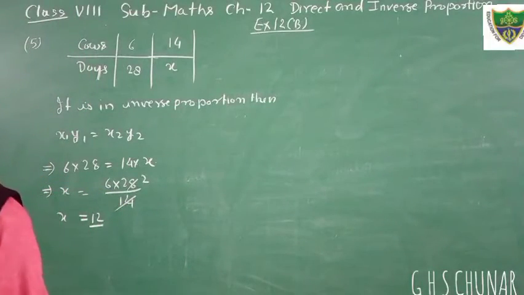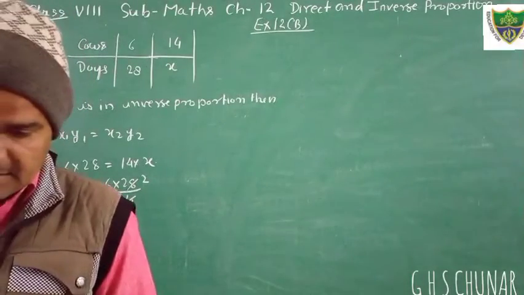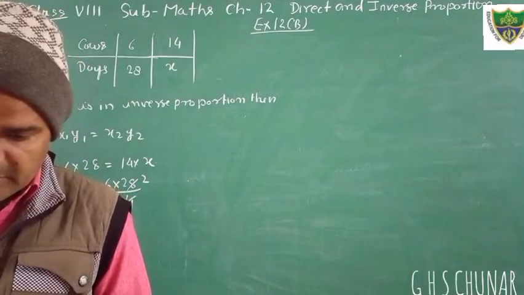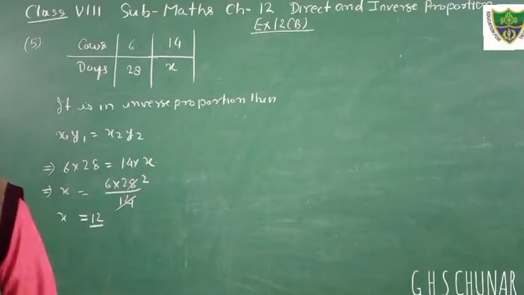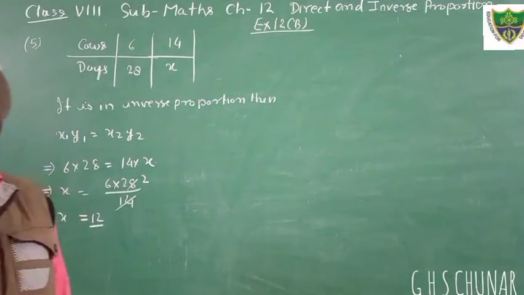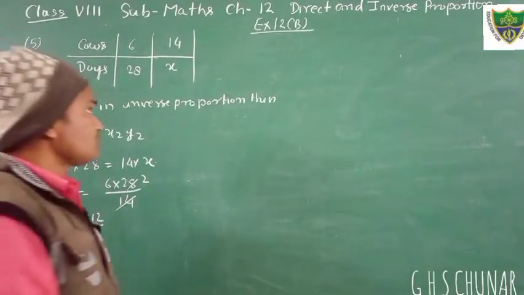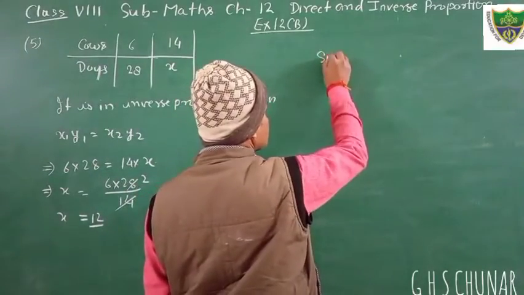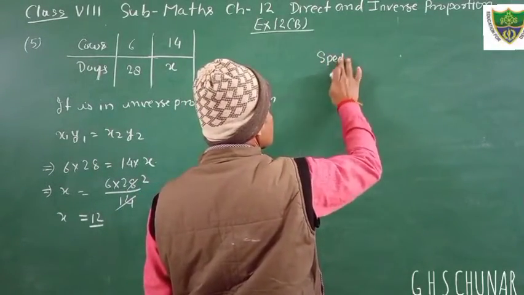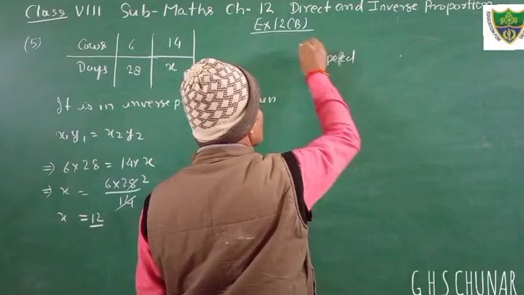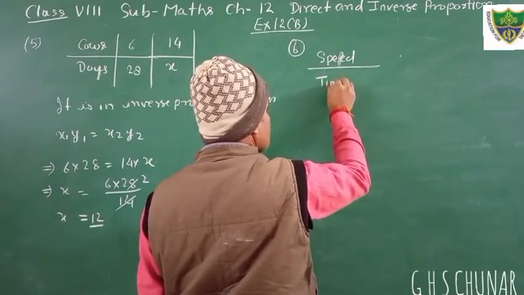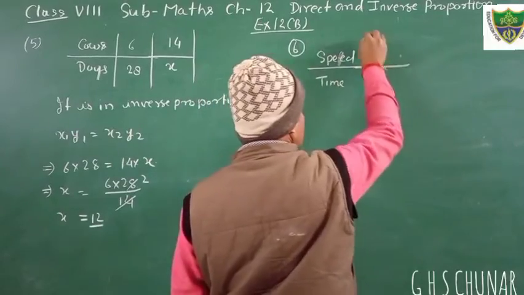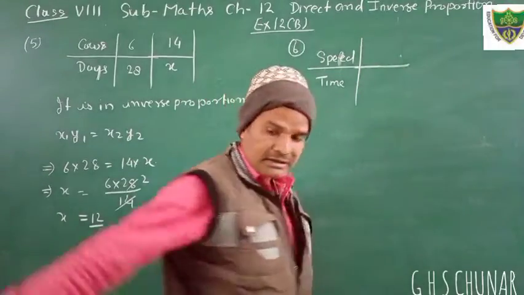Okay. Now question number 6. A car takes 5 hours to reach a destination by traveling at the speed of 50 km per hour. So we have speed and time.